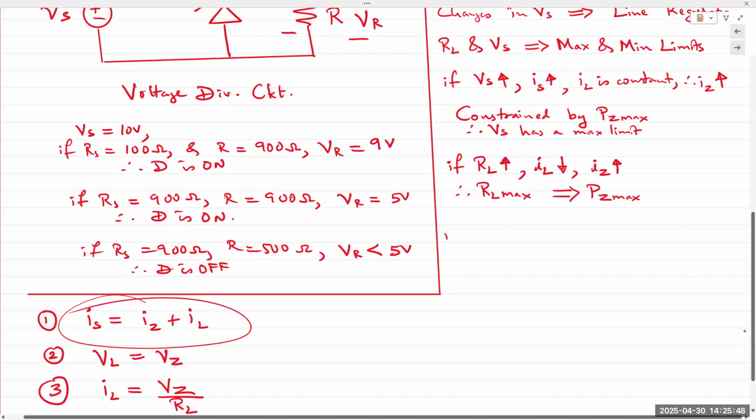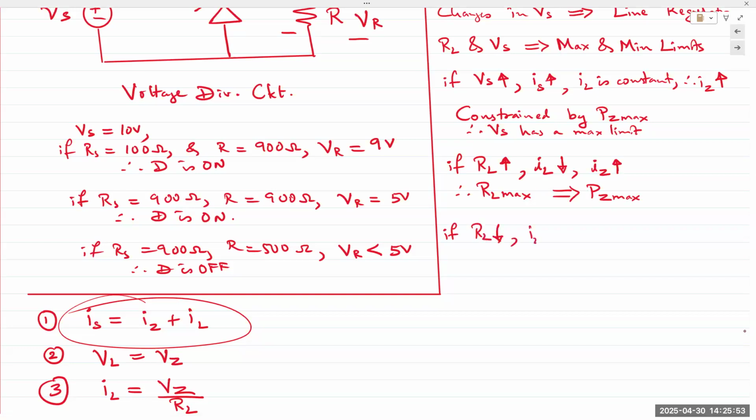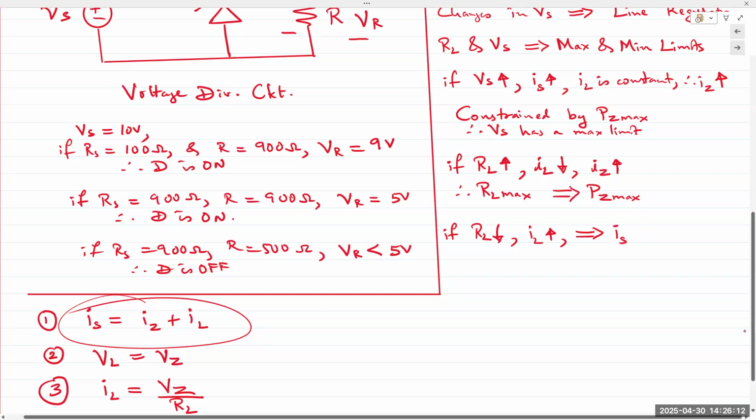And on the flip side, if RL decreases, then IL increases. If IL increases, it's going to require more current from the power supply. So IS increases. But if RL decreases, you apply Ohm's law to the output, then the voltage across that load resistor is going to decrease.